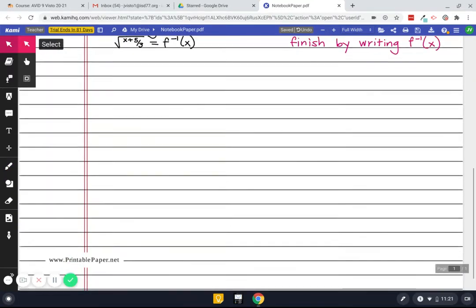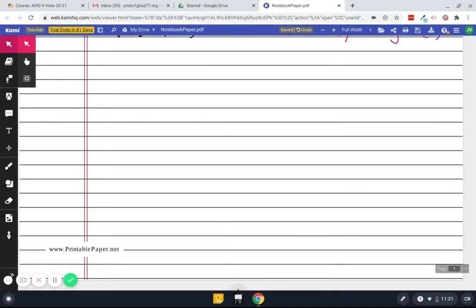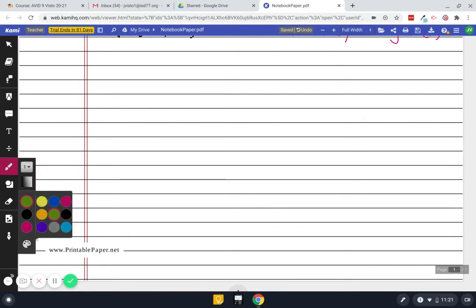One other thing I want to show you real quick is how to check inverses using composition. Okay.